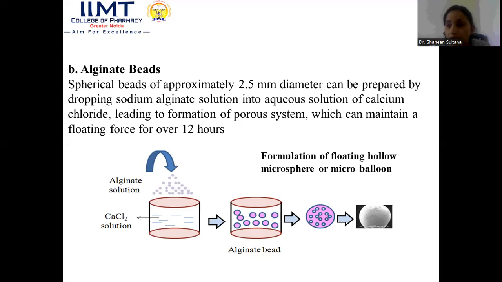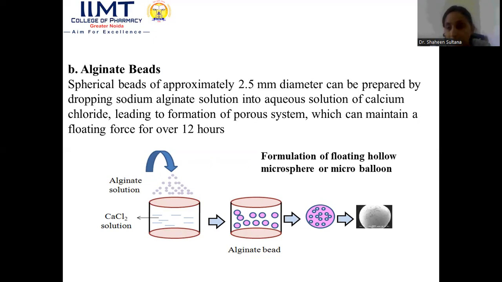Here, the sodium alginate contains carboxylate groups, which are negatively charged, that interact with the positive charge of the calcium ions and cross-link the microspheres formed. Such microspheres are hollow because they are porous in nature, and they float for more than 12 hours, showing sustained drug delivery for more than 12 hours.